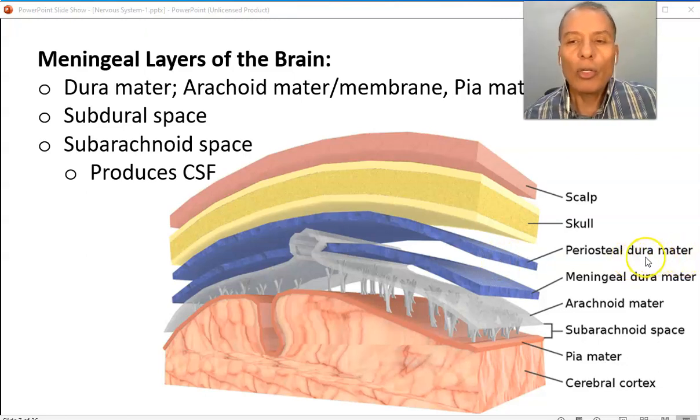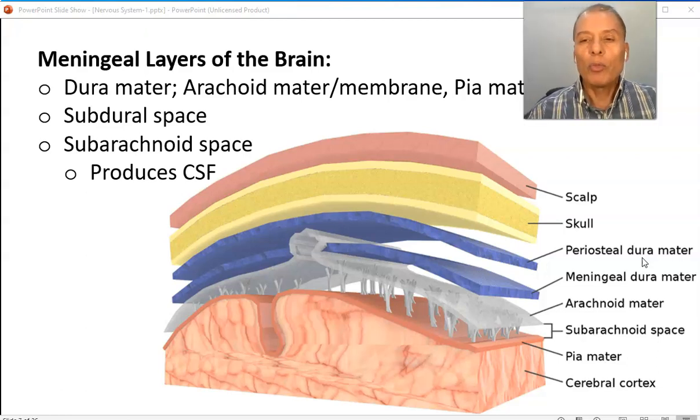The translation is the tough mother. Dura means durable. It means it lasts and it is tough. But I don't want you to call it this. Just call it the scientific, anatomic name, the dura mater, as long as the spelling is correct.